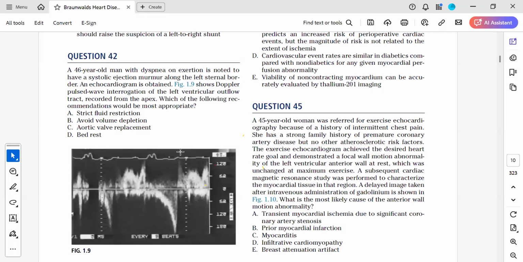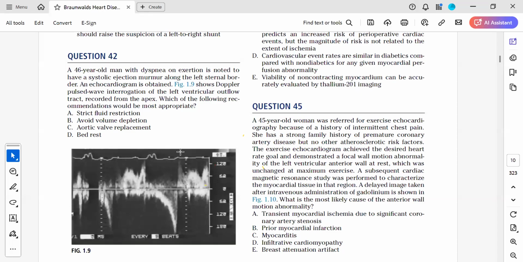Rather, increasing the afterload helps with preventing the LVOT from collapsing. Like a hand grip, for instance, increases the afterload and helps open the LVOT up. So the murmur will reduce with maneuvers that increase afterload, such as hand grip. If you have any maneuver, try and put it in the context of, is this maneuver increasing preload or reducing preload?